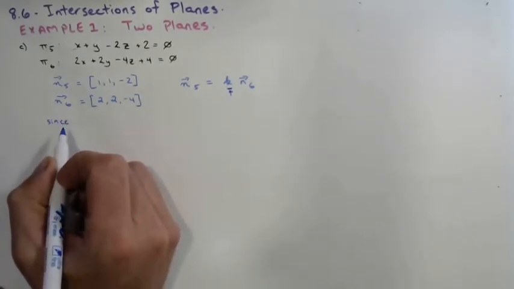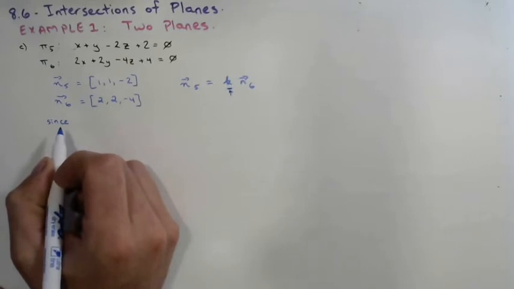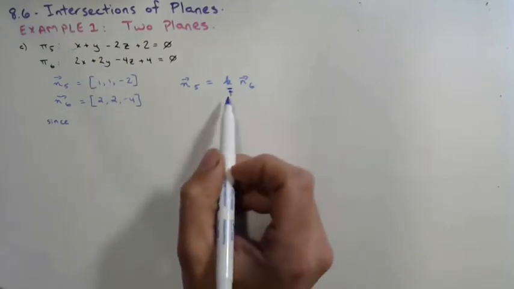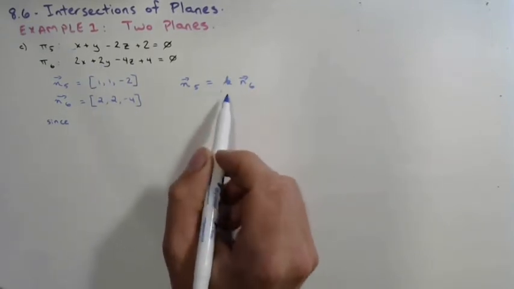So if we had two equations, and we called this equation 2 and this equation 1, then we could use what we've just talked about here.